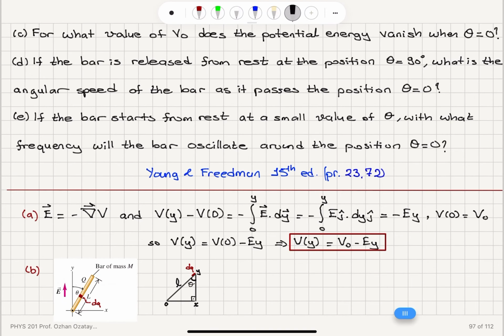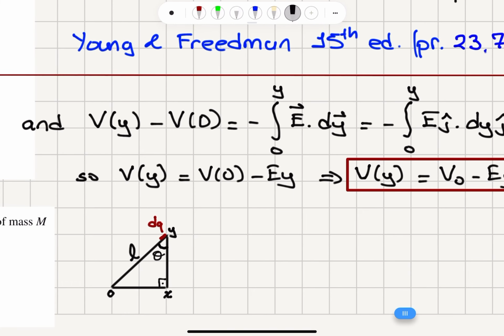And if I consider how to write this dq, first I need to determine the charge density.